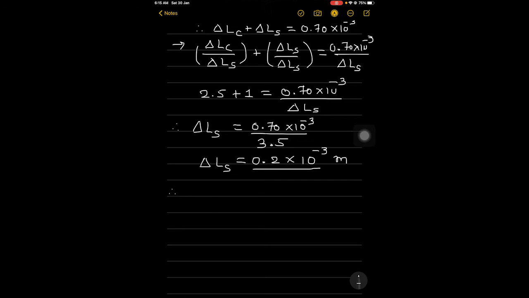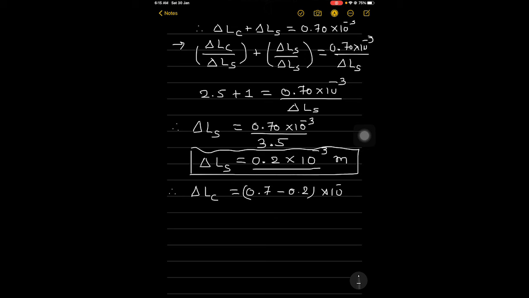This is your delta LS, that is the length increment in steel. So for delta L copper, it is 0.7 minus 0.2 into 10 raised to minus 3 meter. So this will be 0.5 millimeter, as it will be delta LC.